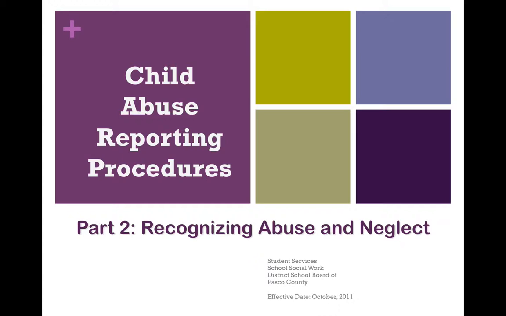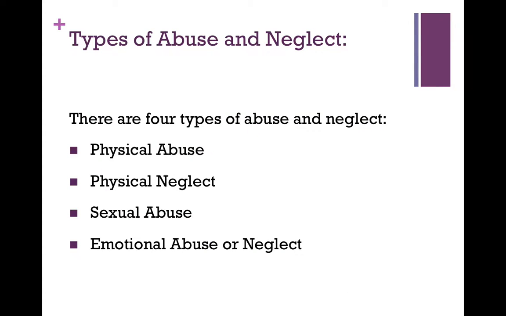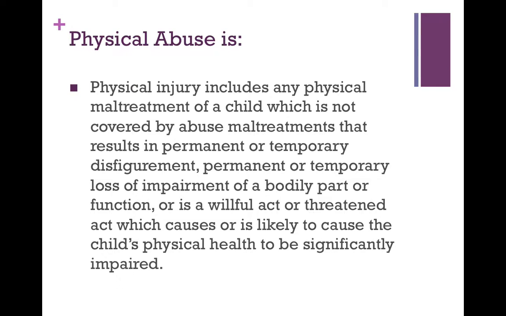This section will go over recognizing abuse and neglect. There are four types of abuse and neglect: physical abuse, physical neglect, sexual abuse, and emotional abuse or neglect. This is the definition of physical abuse.